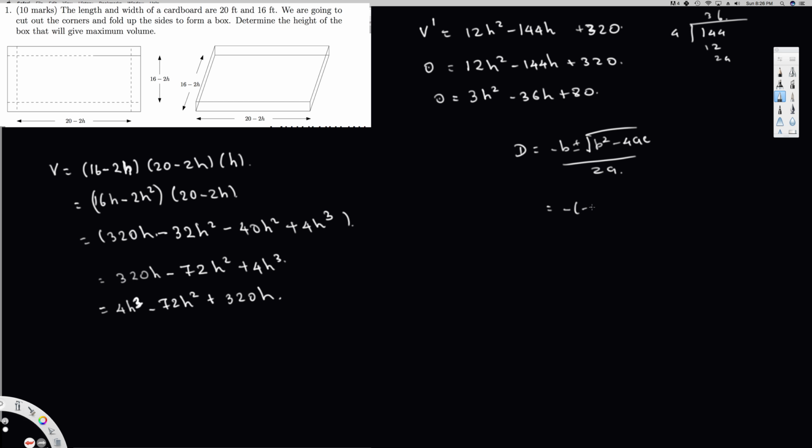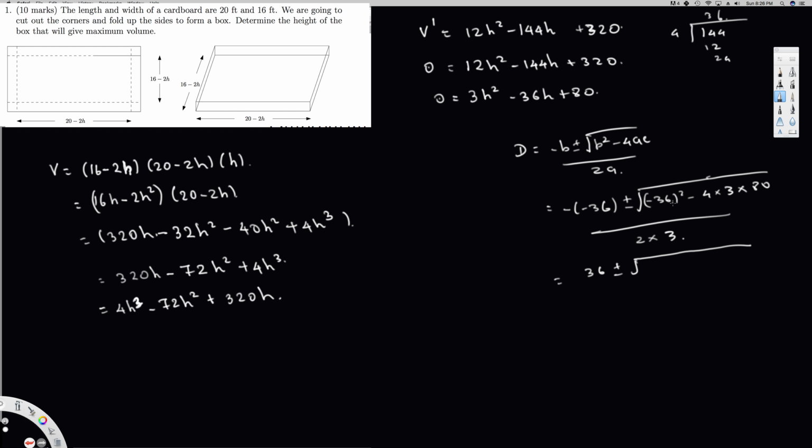So minus minus 36 plus or minus the square root of minus 36 square minus 4 times a, which is 3, and c, which is 80, divided by 2a. 2 times a is going to be 6. And minus 36 becomes plus 36, plus or minus the square root of 36 square. The square of 36 is 1296, minus 80 times 3, which is 240.